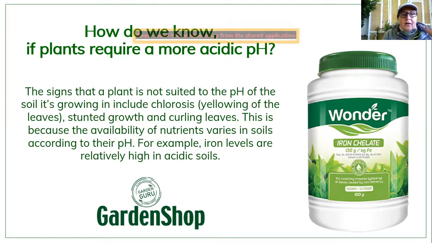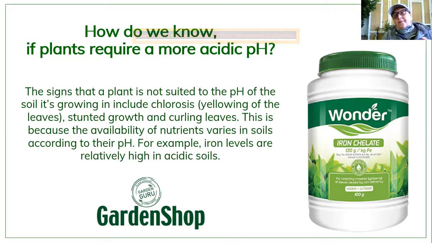You can also get stunted growth, so plants that don't seem to want to grow at all. That's usually because of a pH difficulty, and the curling of leaves is also an indication. That is because the availability of nutrients varies in soils according to the pH.